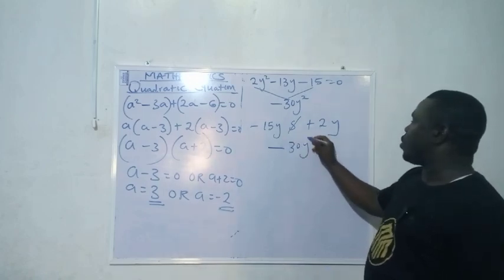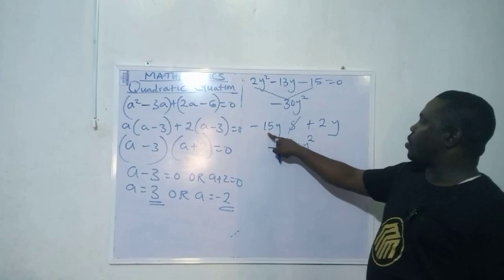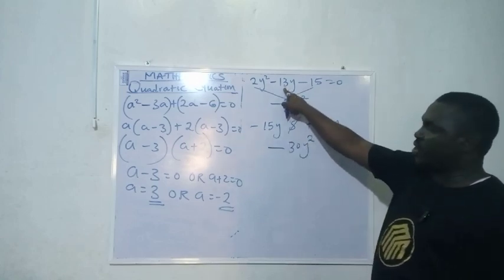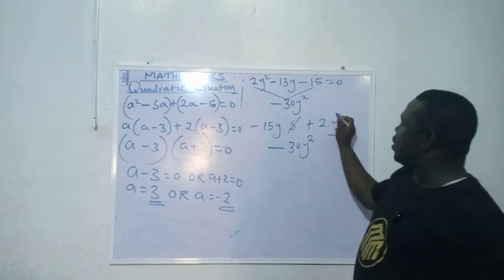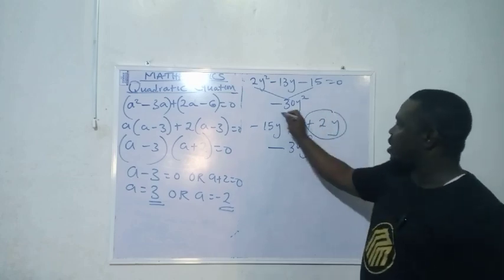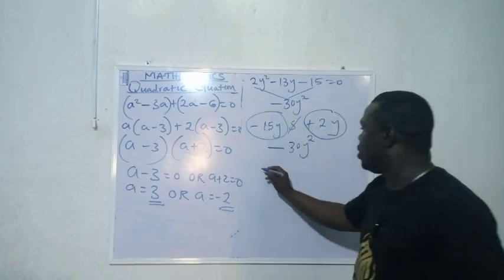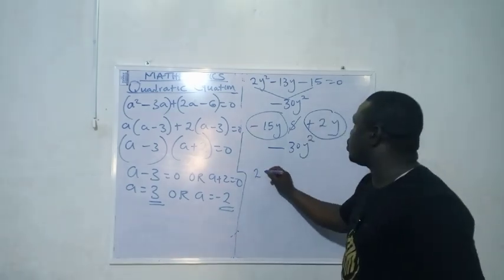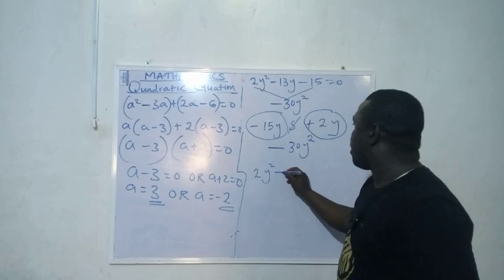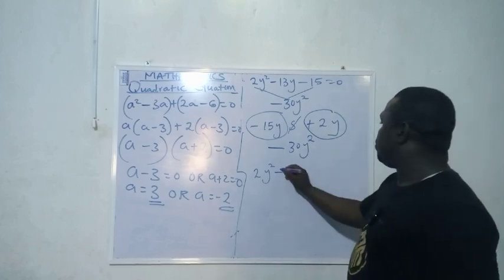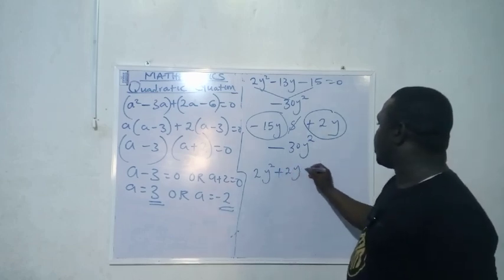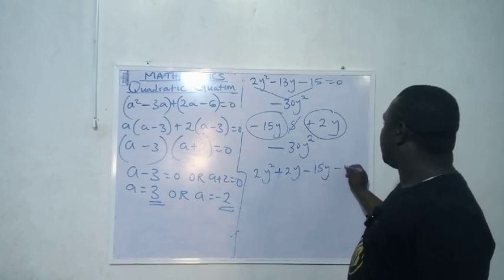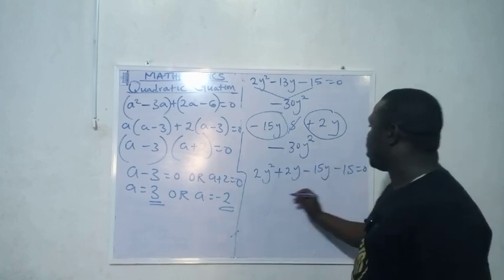y times y, that's y squared. Plus minus 15 plus 2 is what? Minus 13. So you can see that the factors are this and what? This. So you quickly come here and say 2y squared plus this, minus 15y plus 2y minus 15 equals 0.